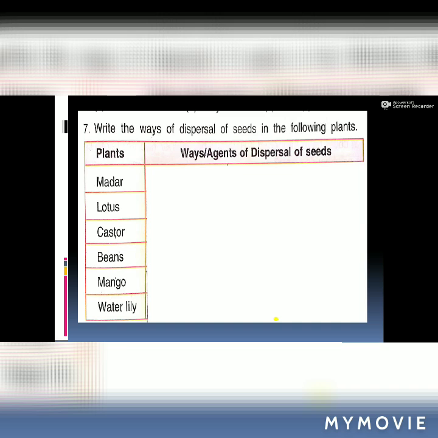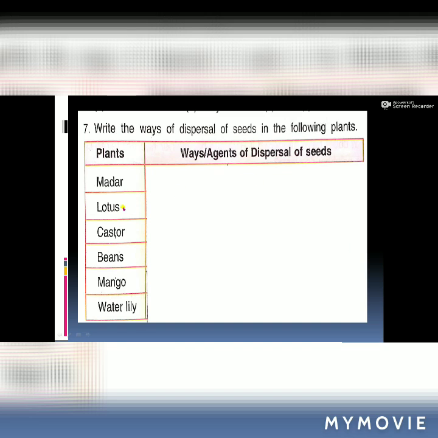And you have to write the way of dispersal of seed and the agent of dispersal.